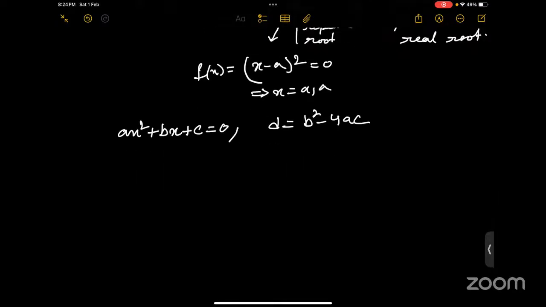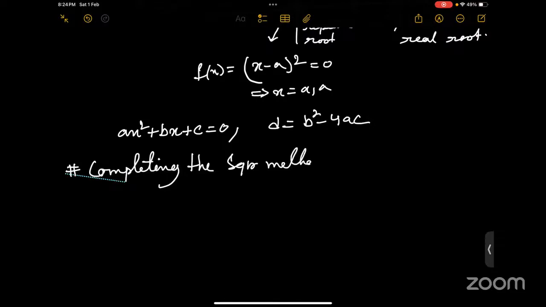Let us see. We know a method to find the root, called the completing the square method, right? In this case, typically we try to complete the square.